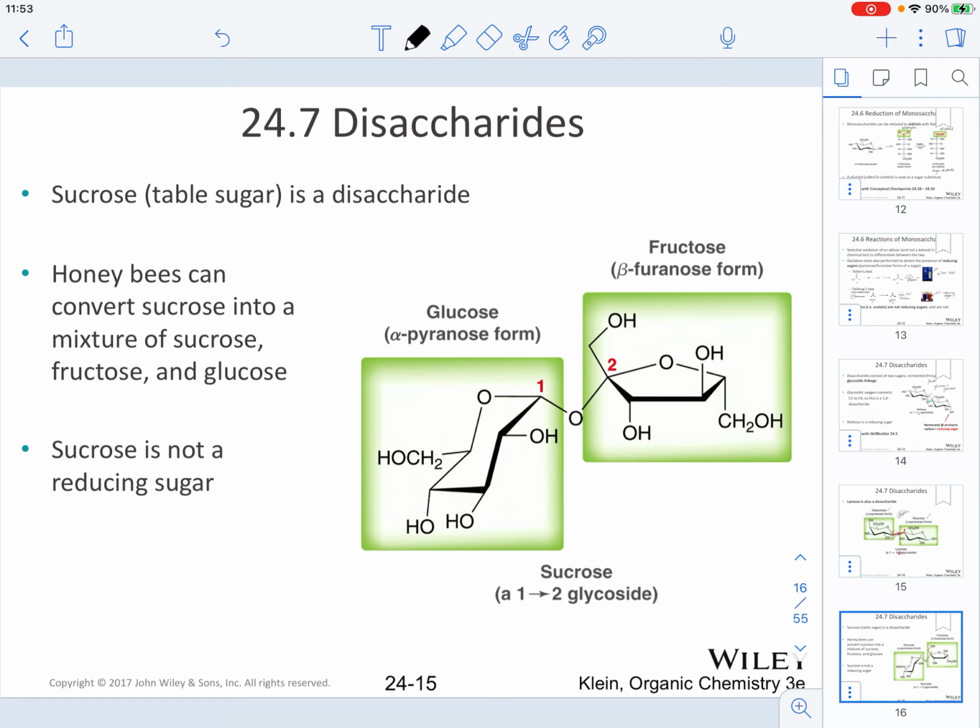Now, one of the things that we should notice is that in sucrose, we have the anomeric positions of glucose and fructose, which are the two monosaccharides that make sucrose, compromise into a link. So the glycosidic bond that exists in sucrose is going to link both anomeric positions between the glucose and the fructose.